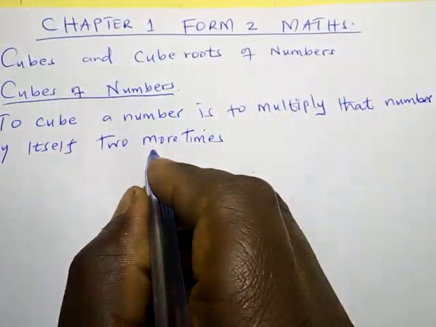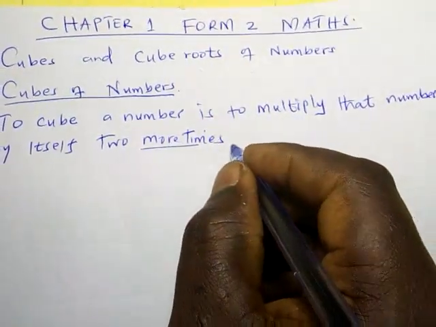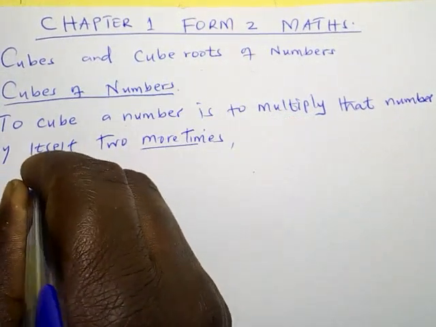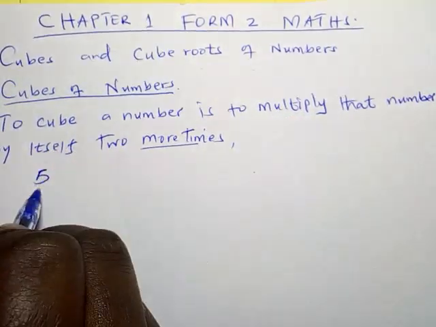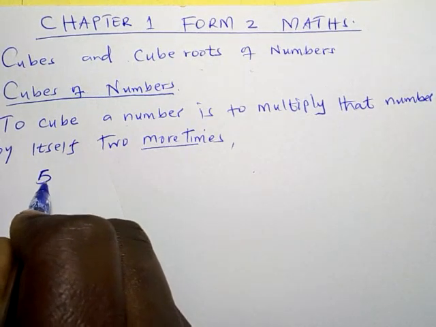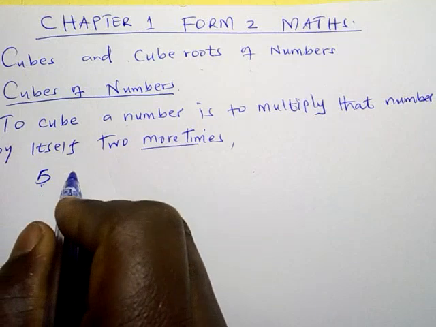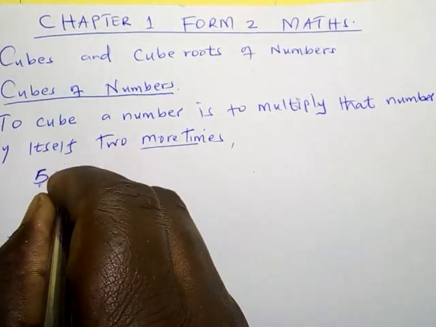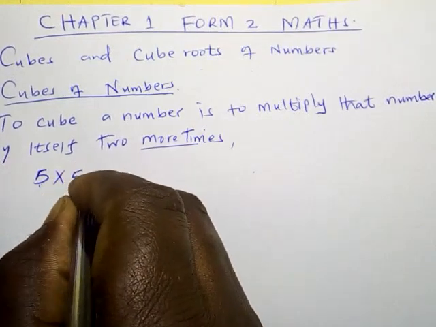Now, for example, when I'm saying two more times, I have this number. Let this number be 5. I want to get the cube of 5. So what do I do? I multiply this number by itself two more times. Already I have 5, so 5 times 5 times 5.